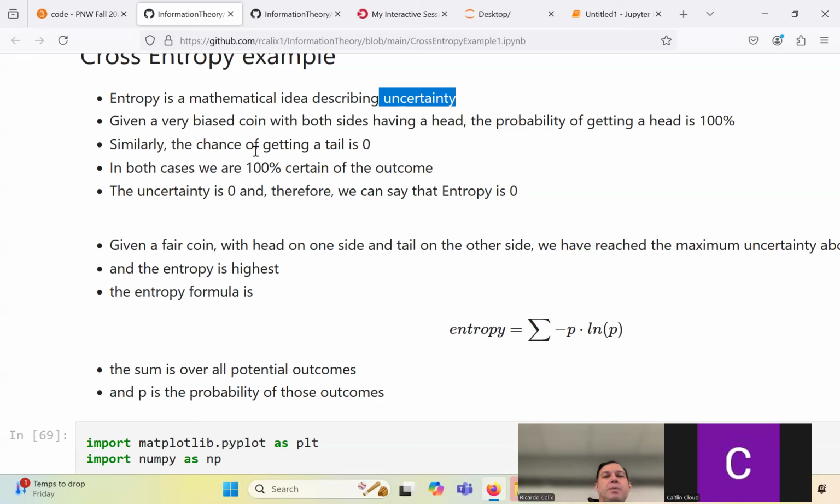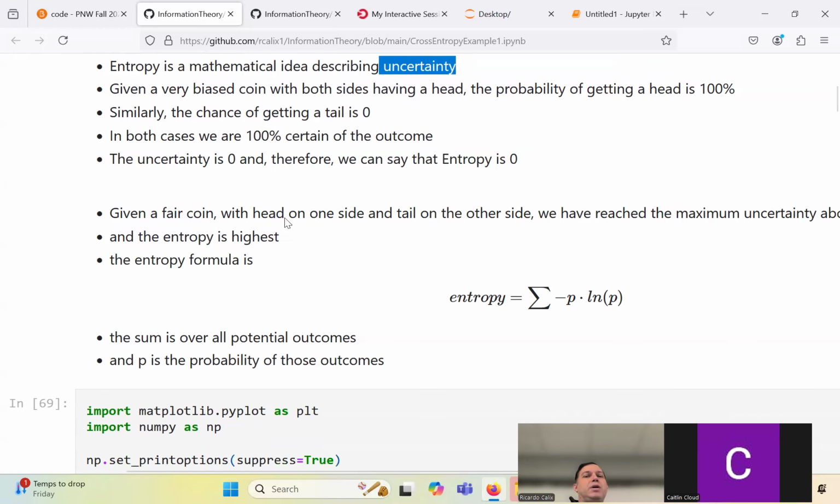Given a very biased coin with both sides having a head, the probability of getting a head is 100%. You understand that, right? Flip it, head, always head, because it's only head. Similarly, the chance of getting a tail is 0. So we're talking about probabilities.